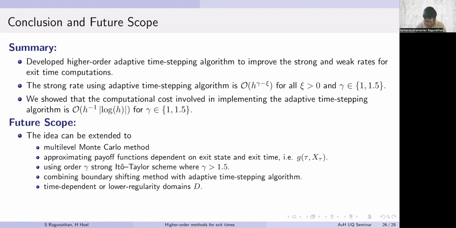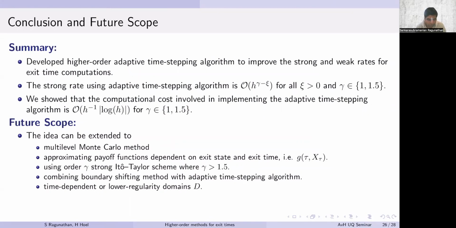So what can be done in the future? The first idea that would strike our heads is to use the multi-level Monte Carlo method with this adaptive time stepping and see if you can actually improve the performance of computing the mean exit times. The second extension would be to look into payoff functions that don't have to do with just the exit time itself, but functions relating to the exit time and the exit state.